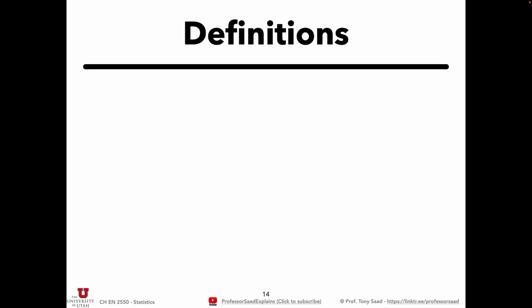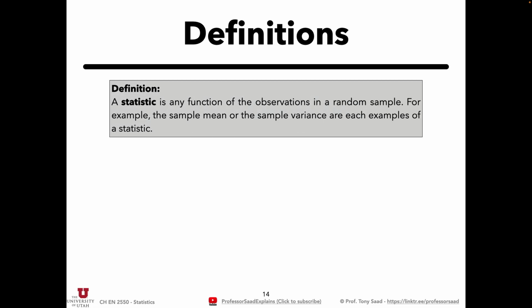So I'll go back a little bit to definitions, and then we'll pick up from there. We were talking about sampling distributions. That was our primary focus, and we said a sampling distribution is the distribution of any statistic of the samples that you're looking at.